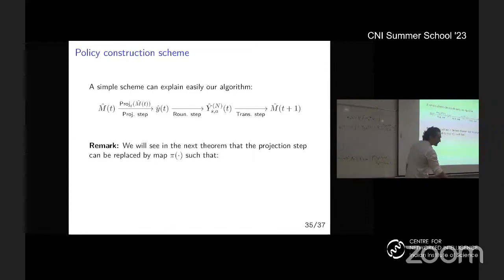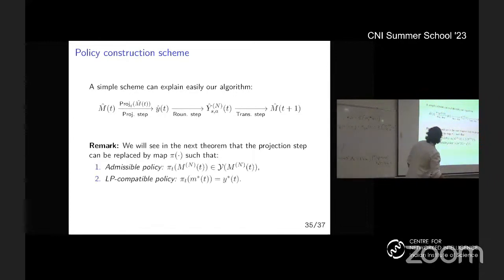And actually, the key is there. Projection is just a convenient operator that has good properties, but you can think of any map, because the projection is basically doing interpolation. You want to create a map going from one measure space to another measure space that has the following property.